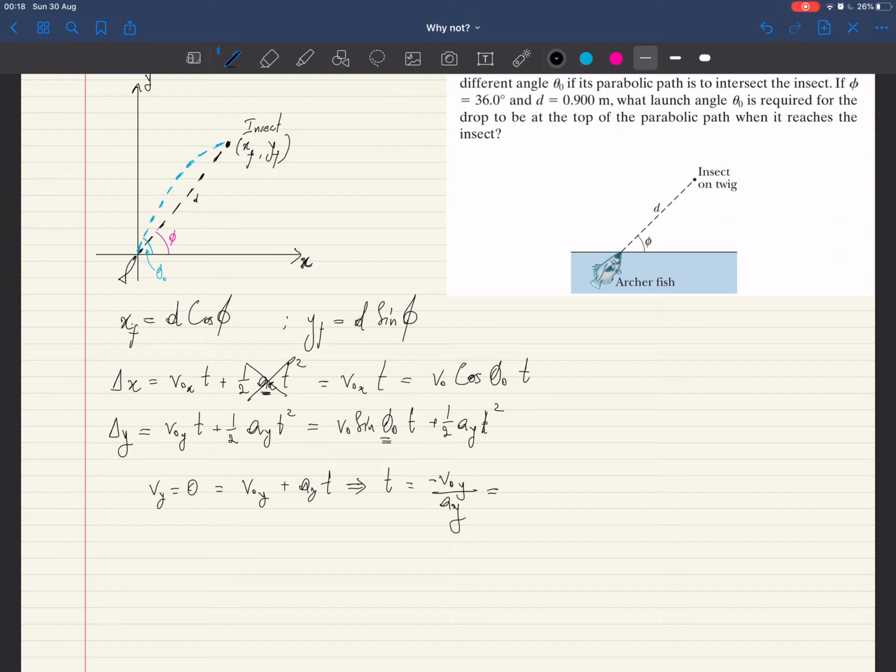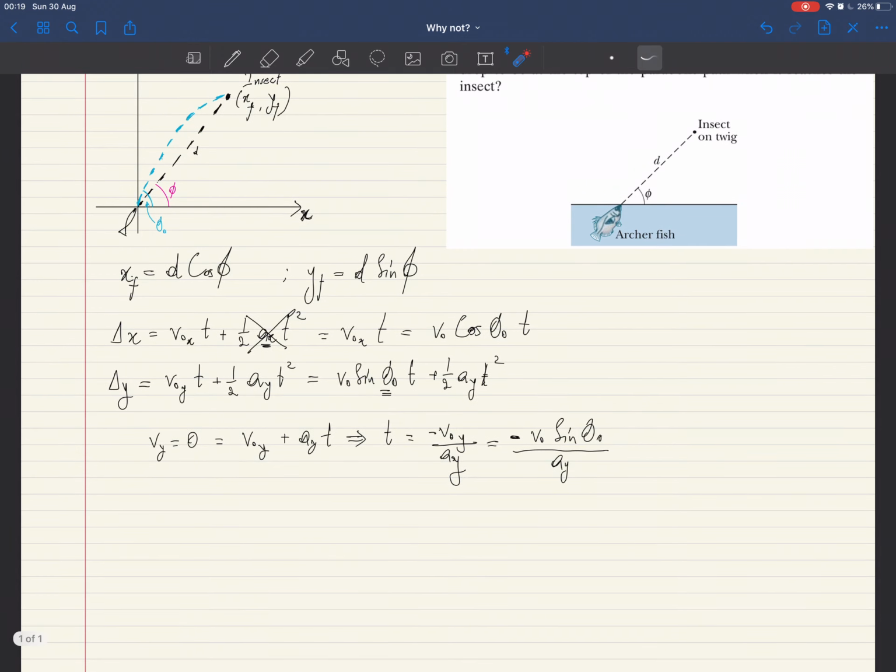Maybe let's clean that up a little. The v0y is nothing more than v0 sine theta 0, so t is negative v0 sine theta 0 over ay. Don't worry about the negative here, because based on our coordinate system ay is going to be minus 9.8, so the negatives are going to cancel out. We're not working with negative time. We're not antiparticles.